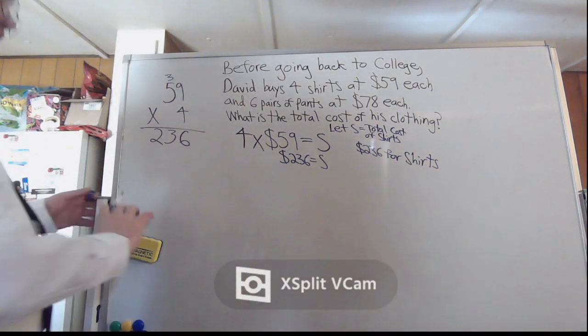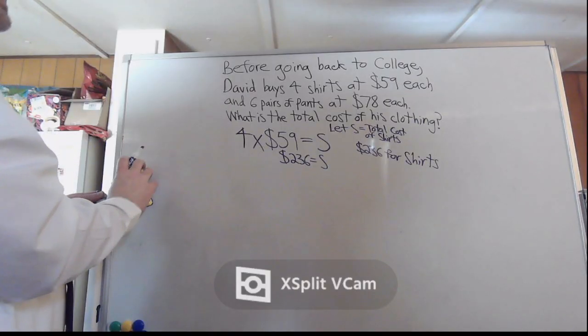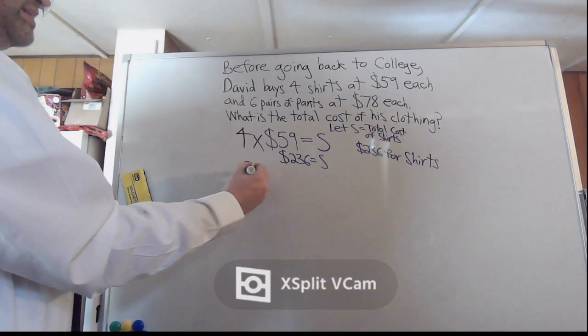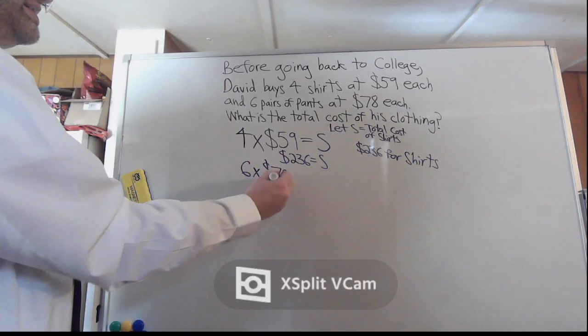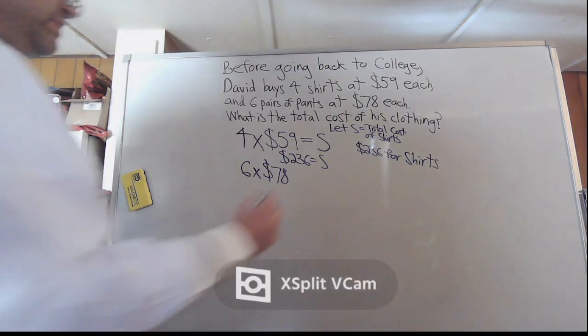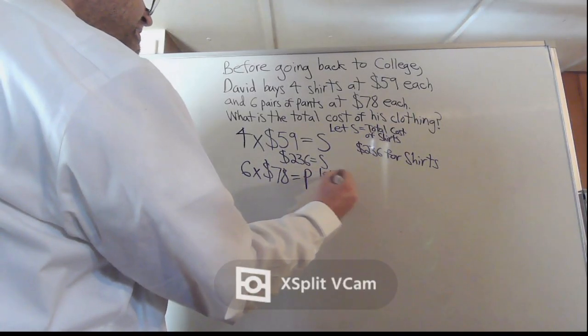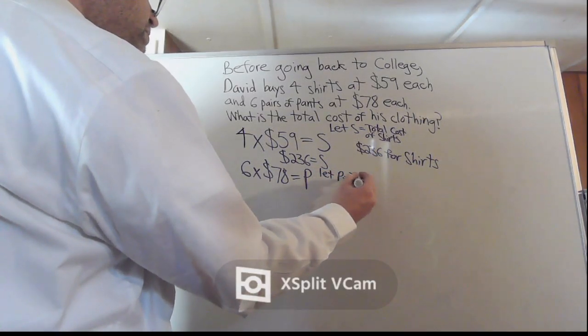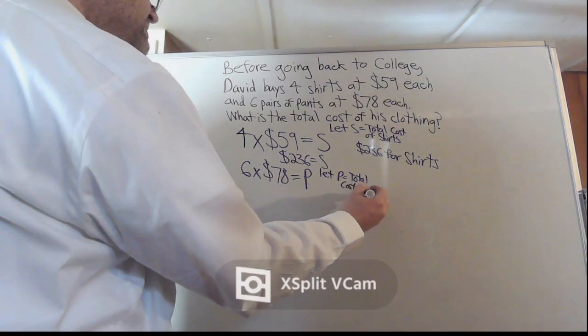Next, we need to figure out, they also gave us 6 pairs of pants at $78 each. So that's going to be 6 times 78. Let P equal total cost of pants.